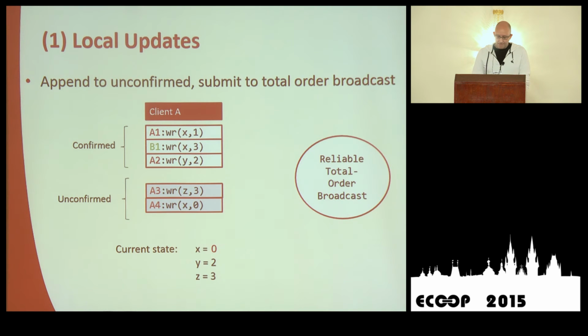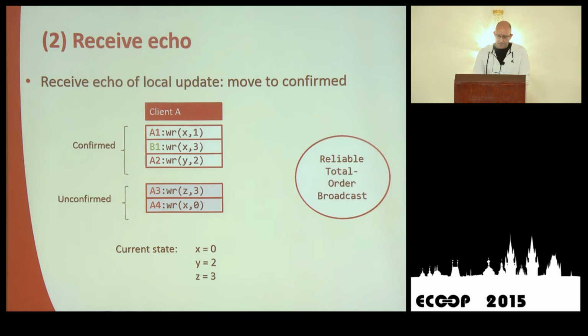And then we may receive echoes from the reliable total order broadcast. For example, we may actually see our own write that had happened. We may see it back. So the third write by A, Z to 3, is coming back from the reliable total order broadcast.